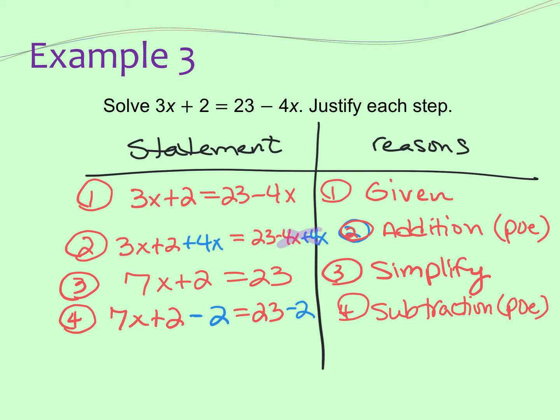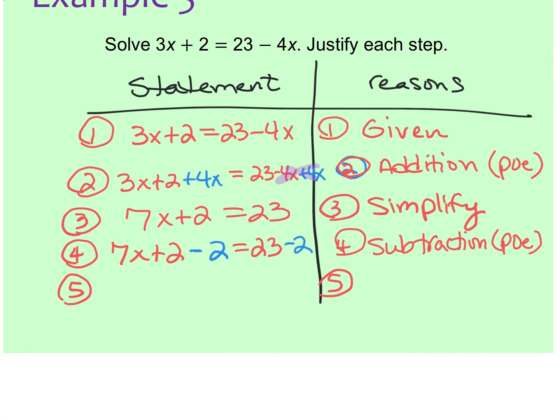And now my next step, and again, if you don't want to show that in the steps, the blue stuff, you could jump right to what you got. So here, I'm going to get 7x equals 21, and that reason is simplify. Because what I did was combine like terms.